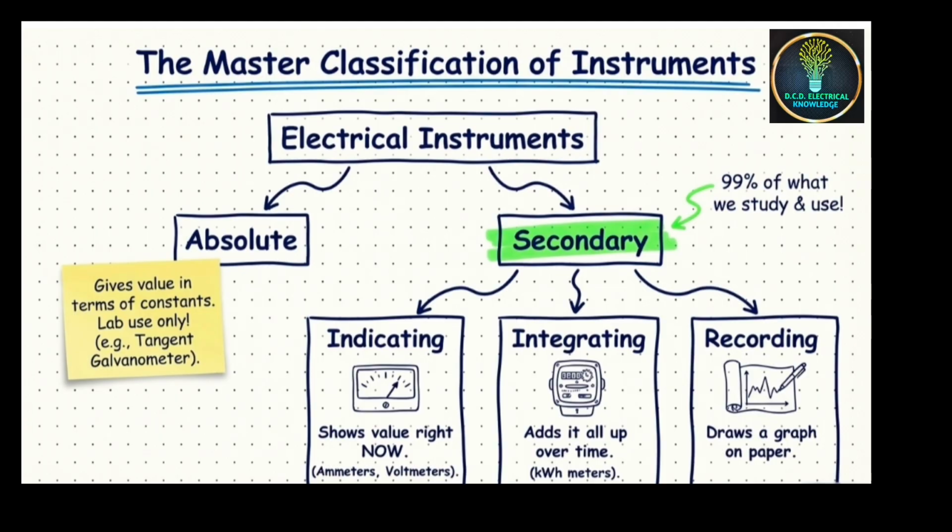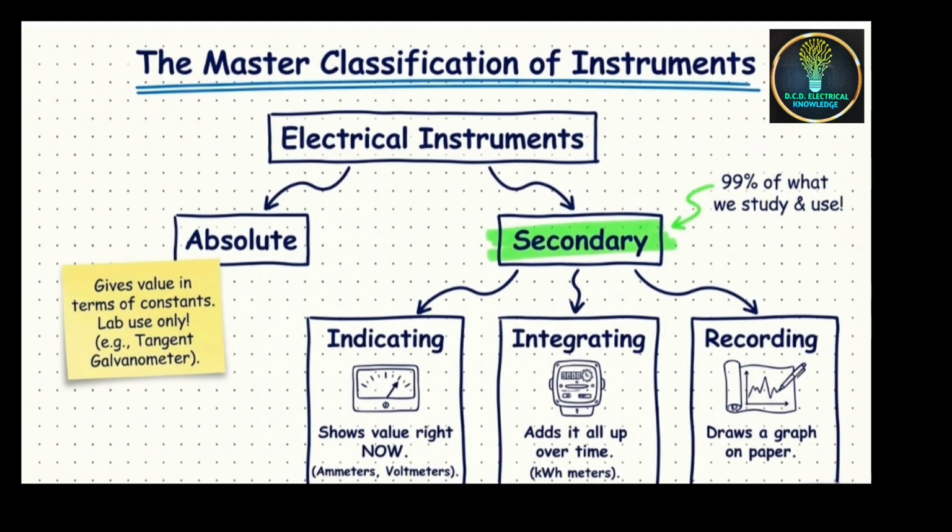Absolute instrument gives value in terms of constant, lab use only, that is tangent galvanometer. Secondly, secondary instrument, 99% of what we study and use.